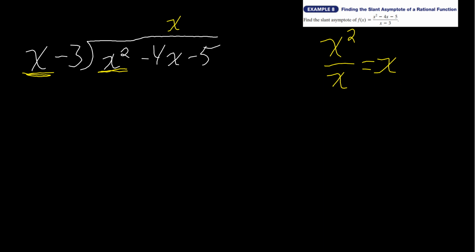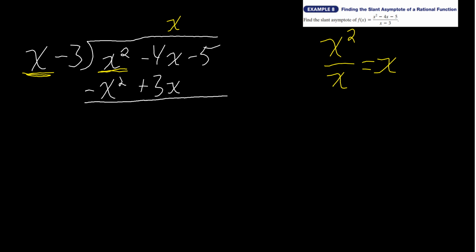The next thing you're going to do is take this x and multiply it by these two. So x times x is x squared. X times a negative 3 is a negative 3x. Here's some notation that you need to do every single time: you put the equal sign down here, and as soon as you're done with the equal sign, change the sign of everything above it.